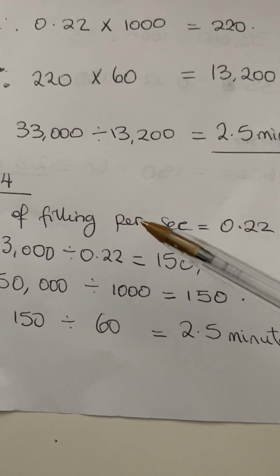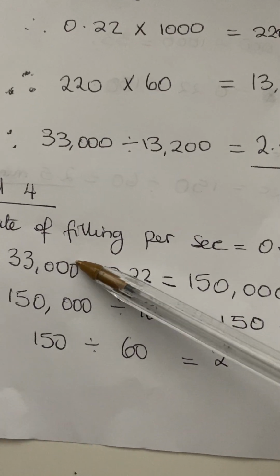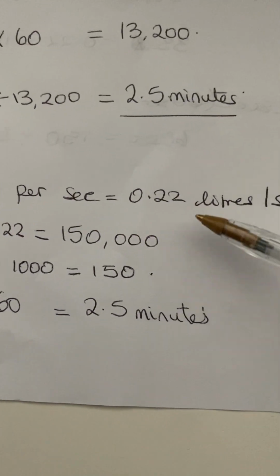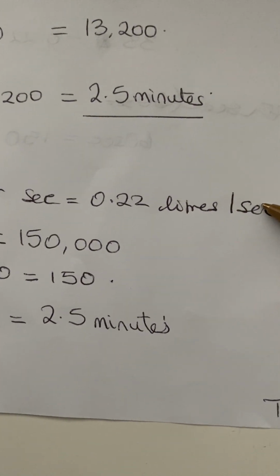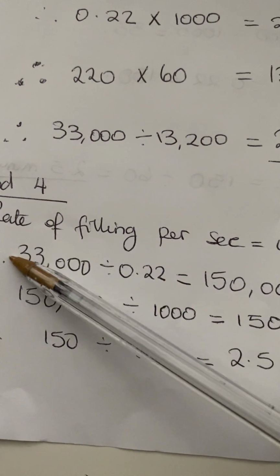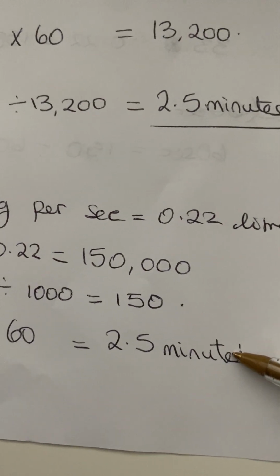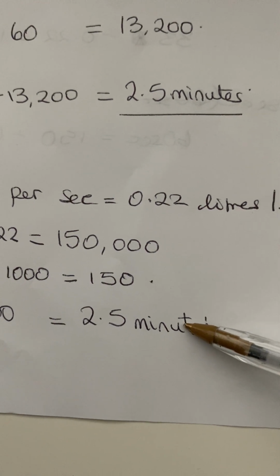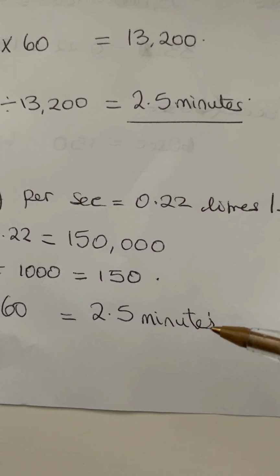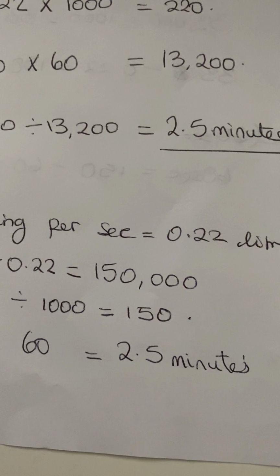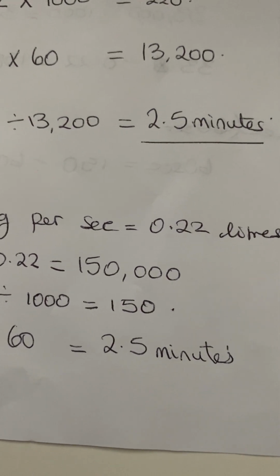So to fill up to 33,000, you are going to use 2.5 minutes. These are the 4 possible ways I can think of.